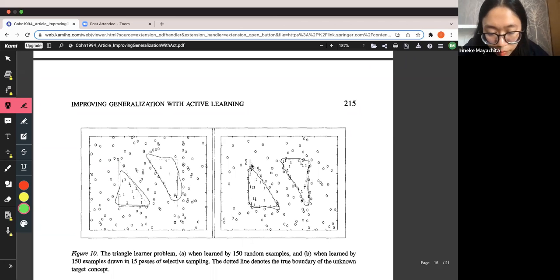Basically the real concept, the real boundary, is this triangle, and the right picture represents the SG network, and the left one represents the naive approach.